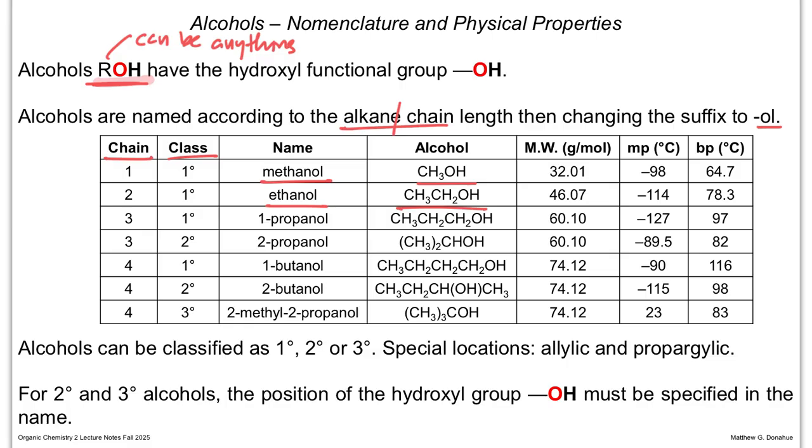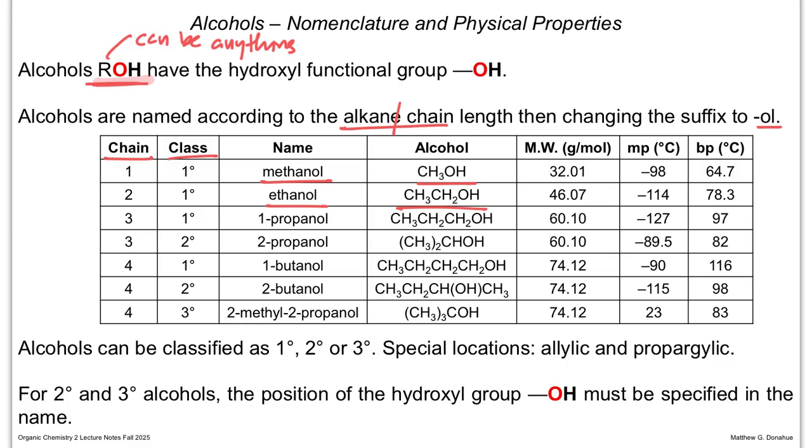Methanol you cannot drink because that does something very specific in the body that leads to some harmful consequences. And the reason that happens is due to the oxidation state.